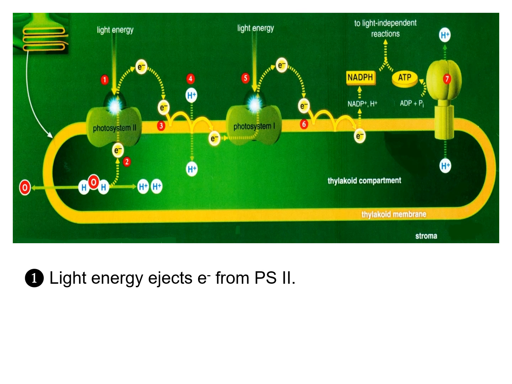Let's move on to the details of the light reaction process which is associated with the thylakoid membrane. First of all, light energy which is absorbed by the chloroplast will eject an electron from photosystem 2.